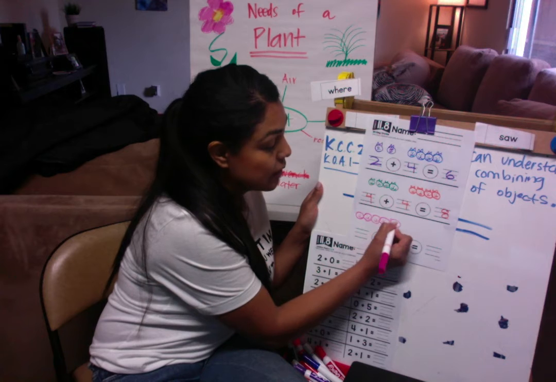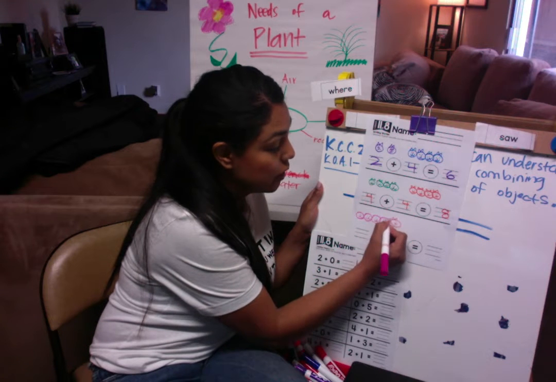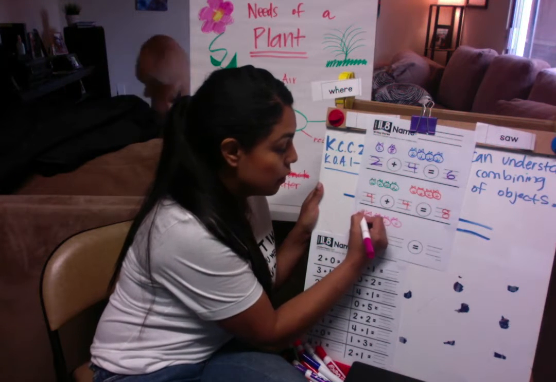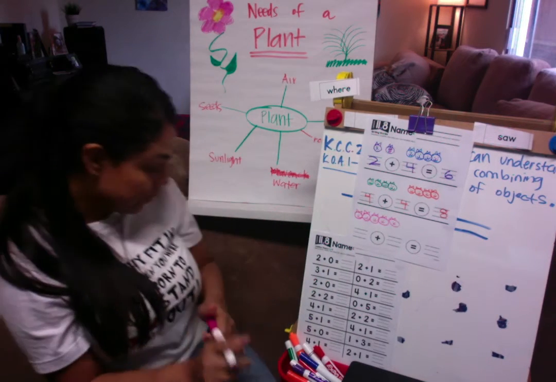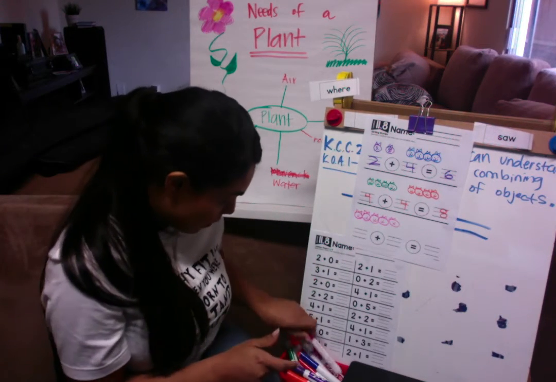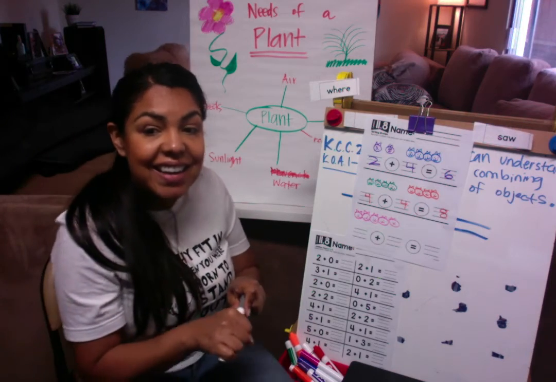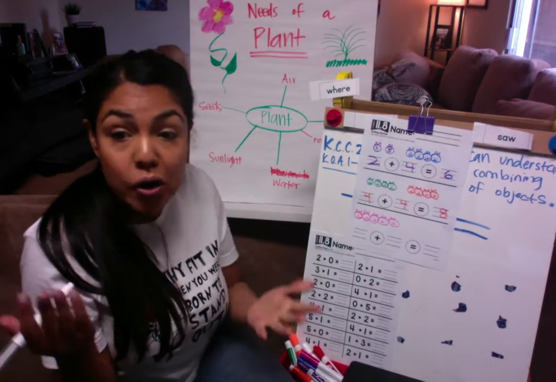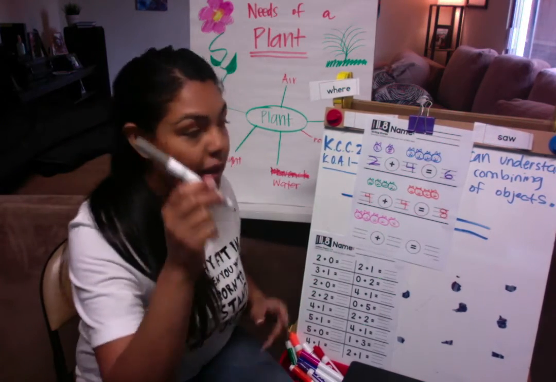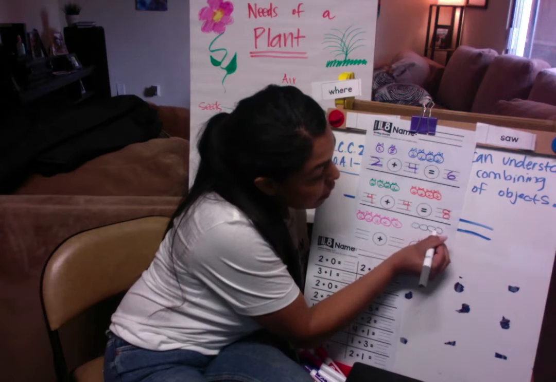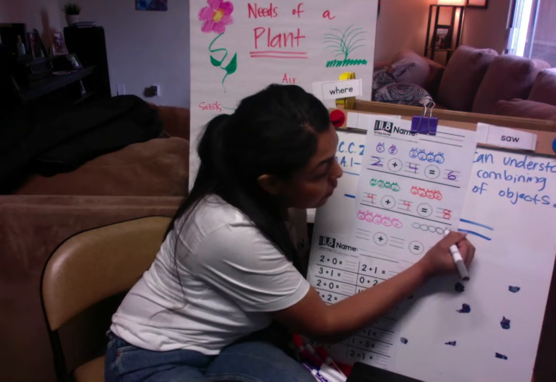Don't forget their cute little pointy ears. Then I had 5 more gray cats come in. Gray cats. So 1, 2, 3, 4, 5.